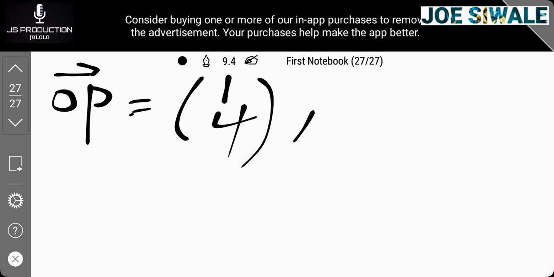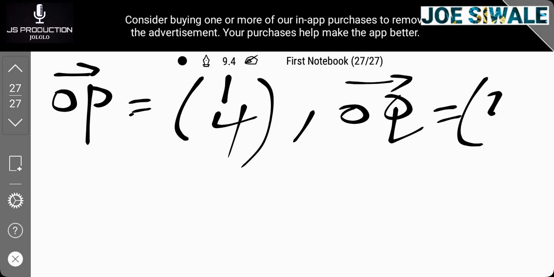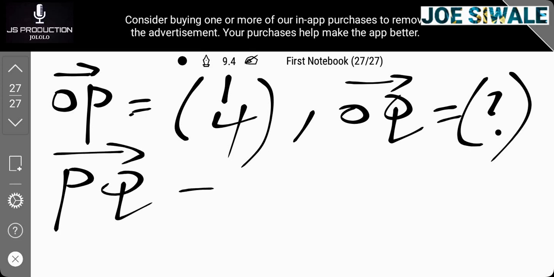Then my vector OQ, I don't know it, it's the one that I'm trying to calculate. Then my vector PQ has been given in the question, which is (-3, 2).